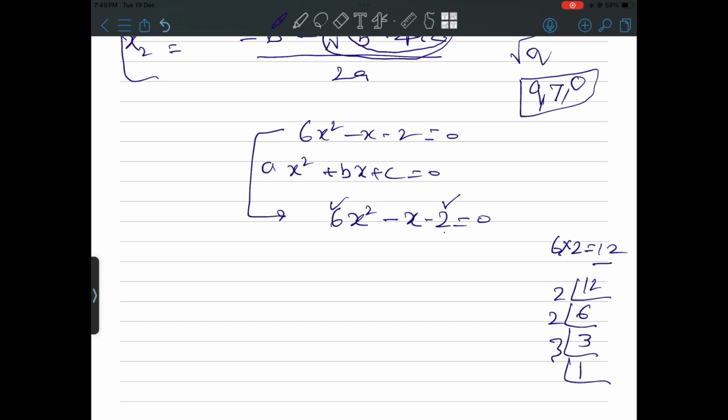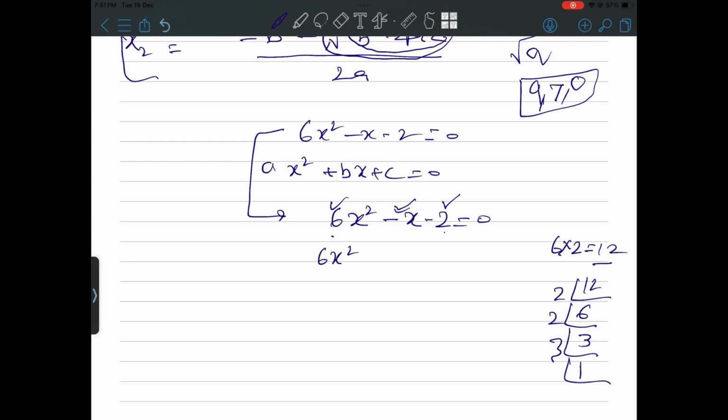Now our aim is that we have to write it in such a way that we use two terms whose sum will be minus x, and whose product will be minus 12, because 6 into minus 2 is minus 12. So now we will find two terms whose sum will be minus x and whose multiplication will be minus 12.